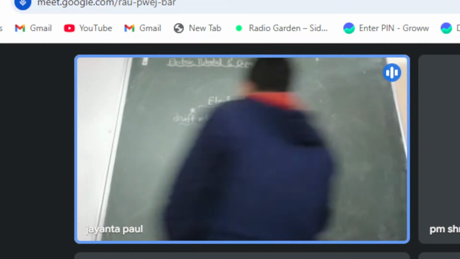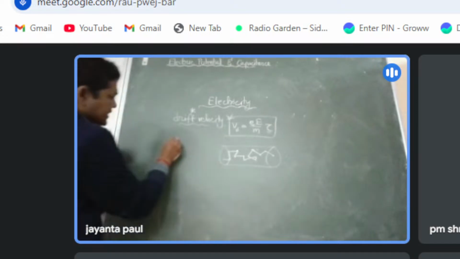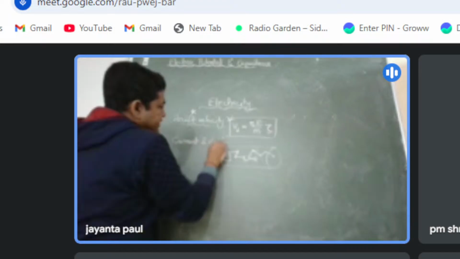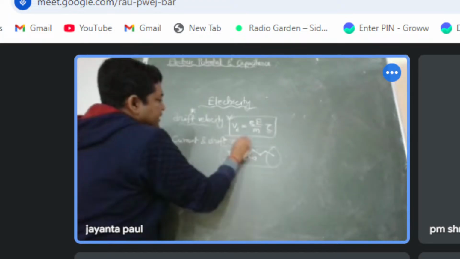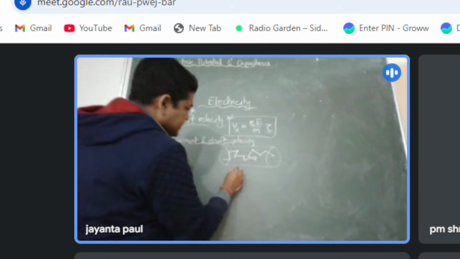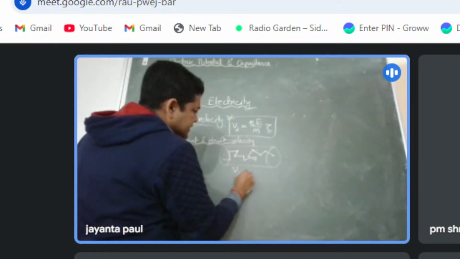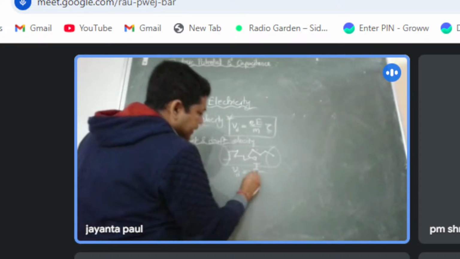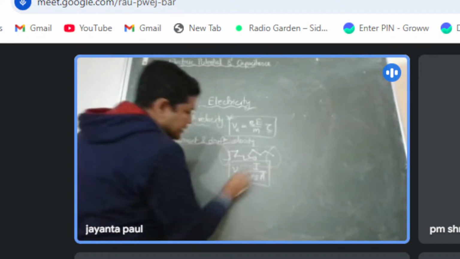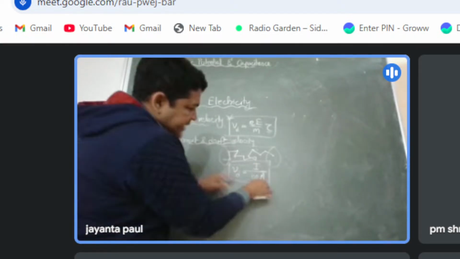And there is one more generally asked relation, the relation between current and drift velocity. वो वाला फॉर्मूला आप लोगों को याद रखना है कि drift velocity Vd is equal to current divided by nea. NEA.